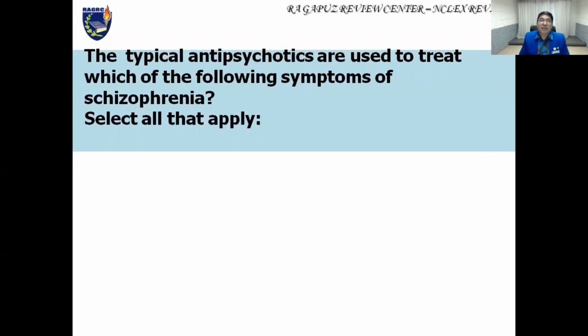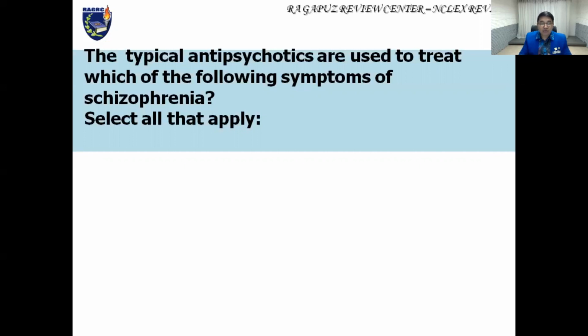In essence, your atypical antipsychotics are more encompassing in terms of the target symptoms because they deal with both the positive and the negative symptoms of schizophrenia. Unlike your typical antipsychotics, they would actually just treat the positive symptoms. So in essence, they leave the negative symptoms still present in the patient.